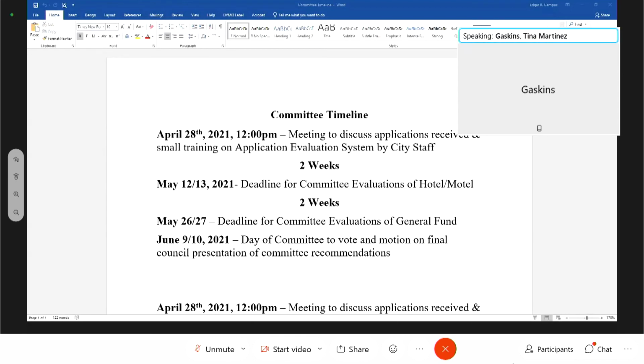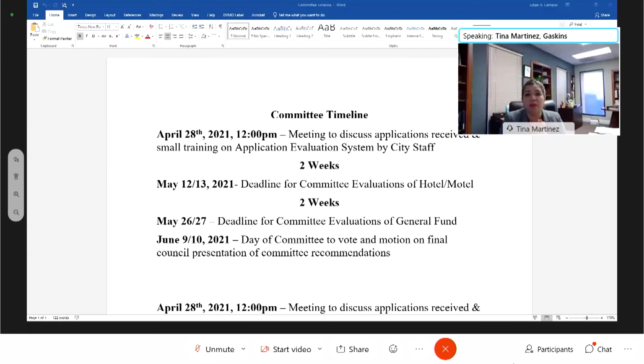That is up to the committee if you all want to put it in form of a motion. Either way, let me just give you an example of what's happened in the past. One year there was confusion on what form needed to be signed. So technically, it was missing one signature.